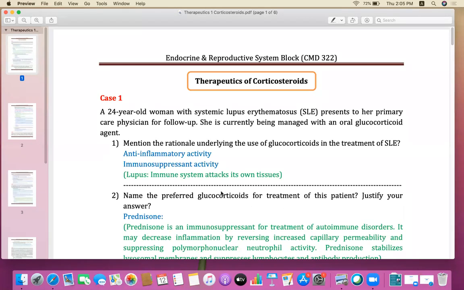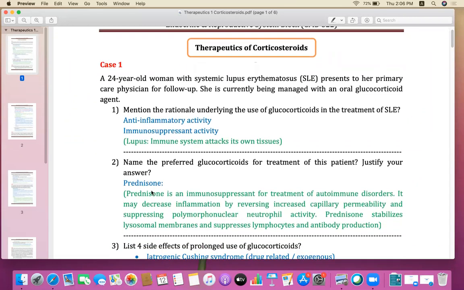Which is best? Now, we have seen there are many agents, but which is best? So here, prednisone is generally used. Justify. Prednisone is an immunosuppressant for the treatment of autoimmune disorders.